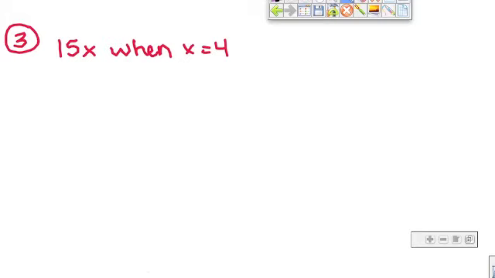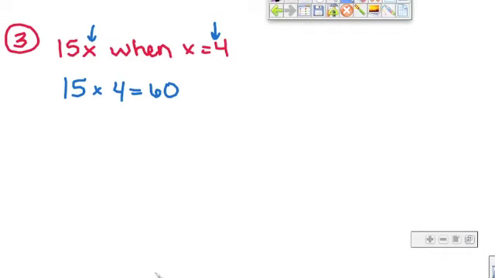But just as a reminder, whenever you see two things slapped together, that means to multiply. So we're going to do 15 times 4. Instead of this x, I'm substituting in the value of 4. When I multiply these out, I'm going to get the answer of 60. And that's all you have to do. Okay, let's try another one.